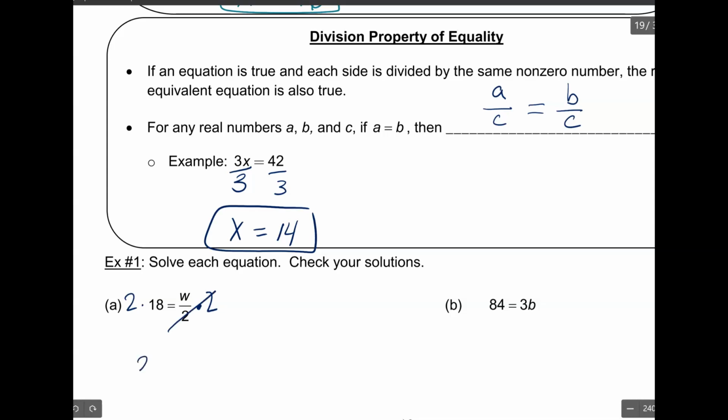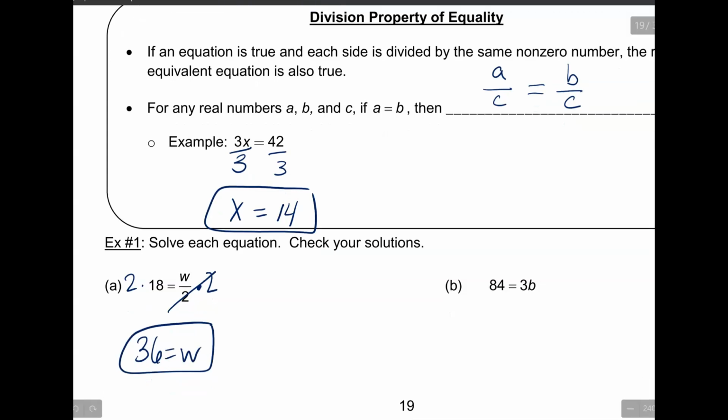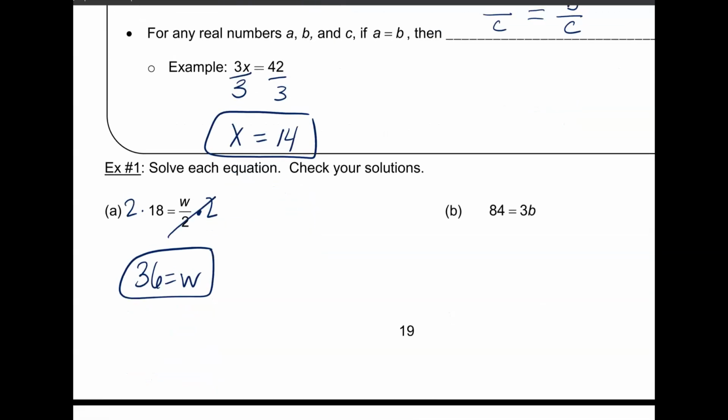So 2 times 18 is 36, is W. Ruby, B, how would I go about this one? 28 equals B. So what you do to one side, you have to do to the other.